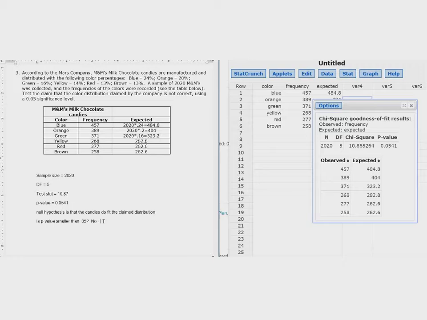So that means we have negative conclusions. So that means that we do not reject the null hypothesis, which in a roundabout way means that we're accepting the null hypothesis. So we're saying that the candies actually do fit the claim distribution.